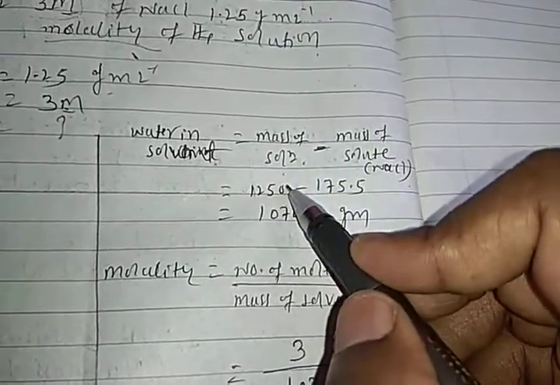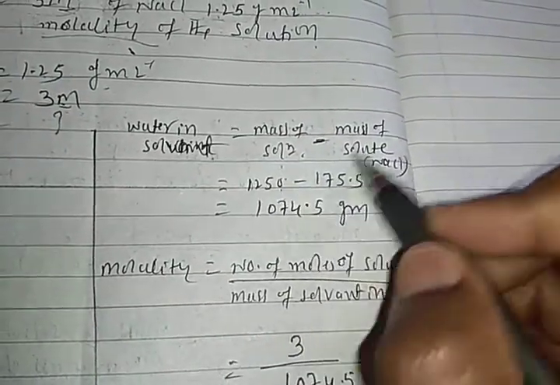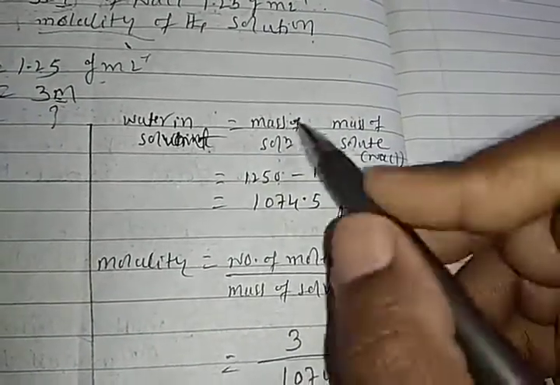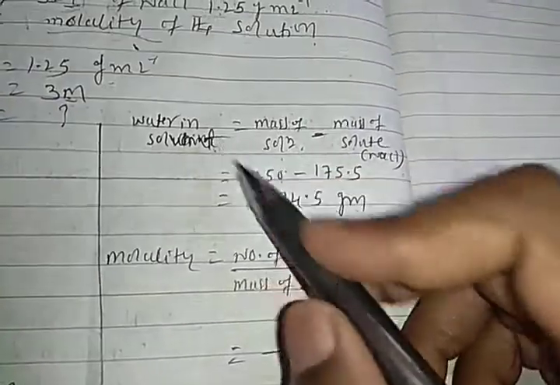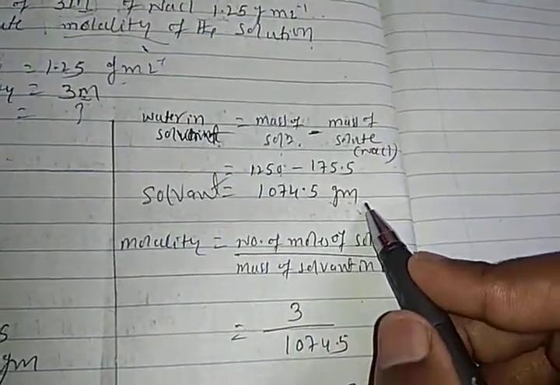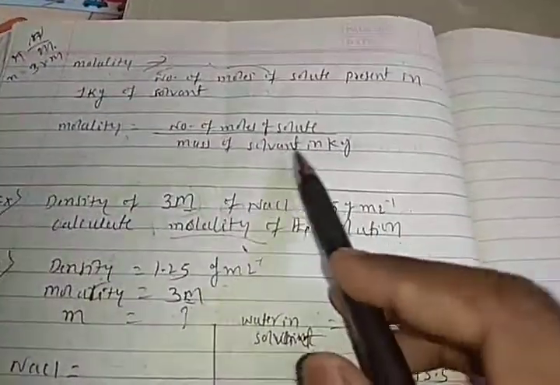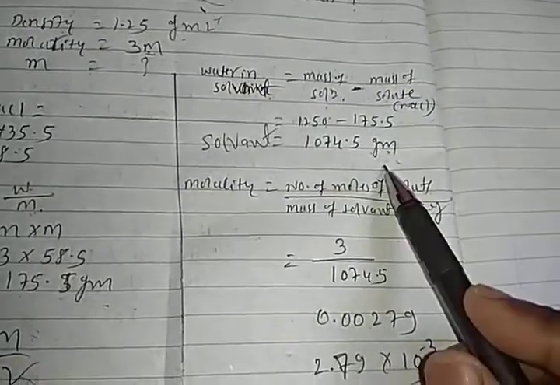Mass of solution is 1250, mass of solute is 175.5. We got the mass of solvent. Solvent mass is 1074.5. Here we can find out the solvent.